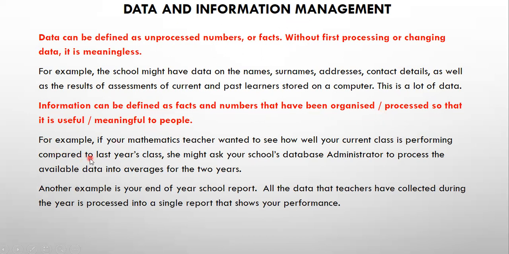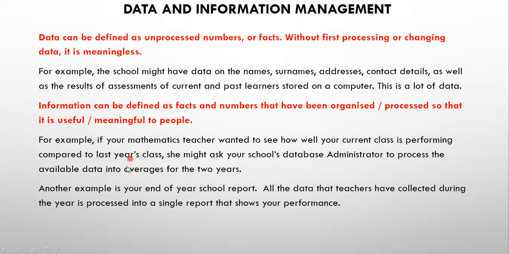For example, we're looking at all this data that we have about you on the computer system. If your mathematics teacher wanted to see how well your current class is performing compared to last year's class, she can ask the school's database administrator to process the data. You work out the average from last year, work out the average of the current year, and you'll be able to decide from the averages how the classes are performing.